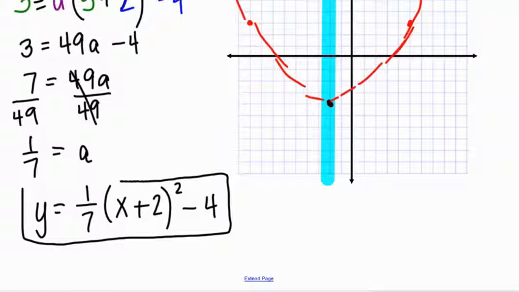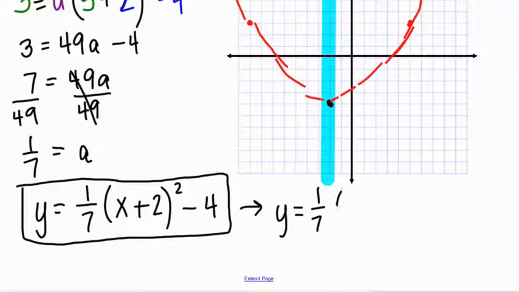This is an equation in vertex form. If I want to put this in general form, or what we're used to calling standard form, I would need to multiply out x plus 2 times x plus 2, which is x squared plus 4x plus 4. I'd have to multiply that trinomial by 1/7.